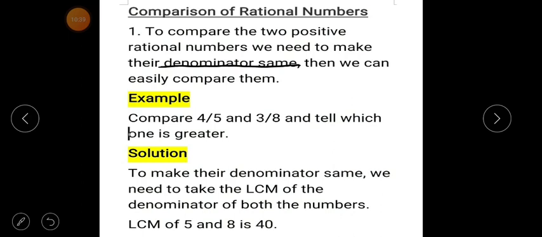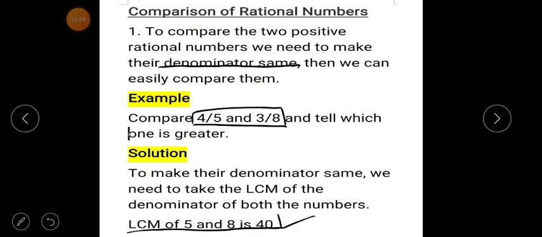For example, compare 4 by 5 and 3 by 8. Now, what are we doing? We are comparing two numbers, that is 4 by 5 and 3 by 8. So to make their denominators the same, what do we have to do? We have to find the LCM of 5 and 8, that is 40.